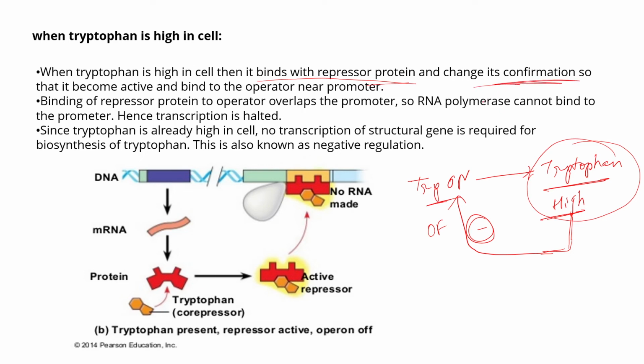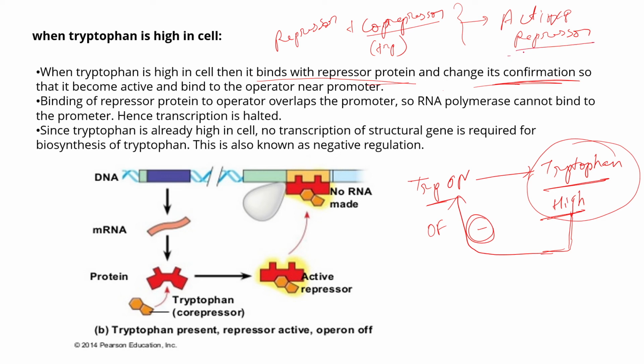The shape of the repressor will be changed, and it will become active. Repressor plus co-repressor. What is the co-repressor here? The co-repressor is our tryptophan. Together they will combine to form an active repressor molecule.